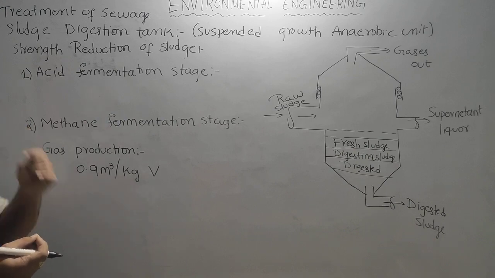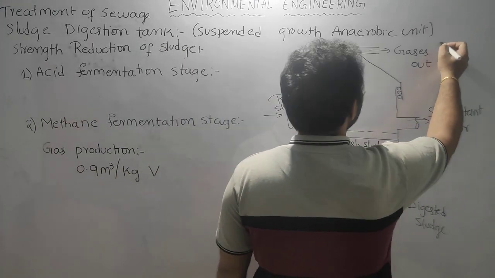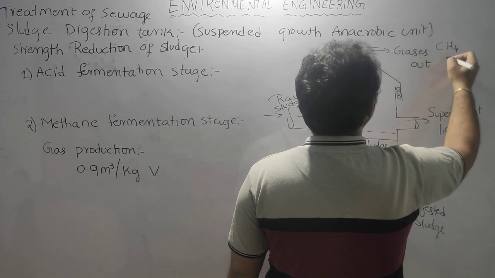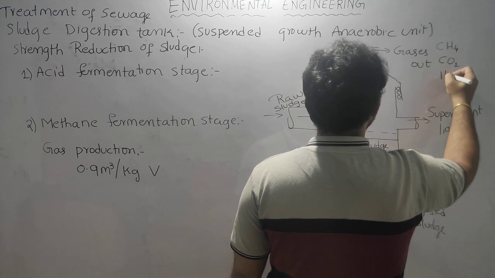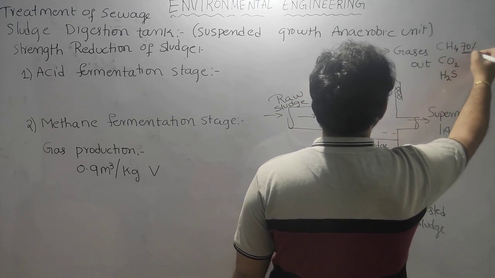Only the organic solids which are volatile, which can be degraded, can contribute to the production of methane gas or any gas. It may be methane, CO2, or H2S. Majorly 70% is methane, very important.